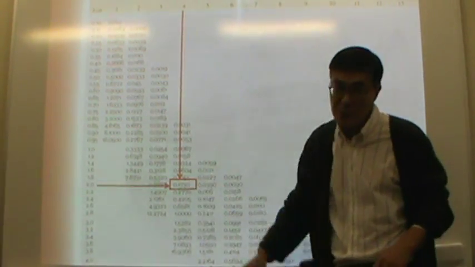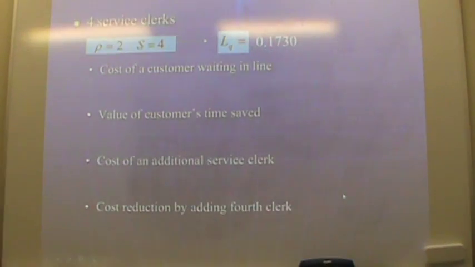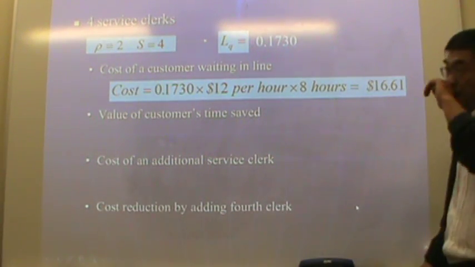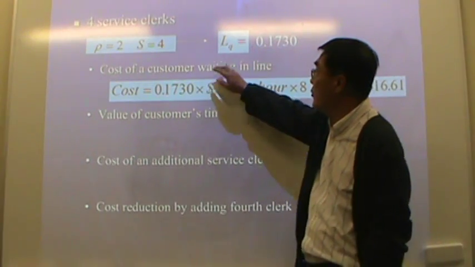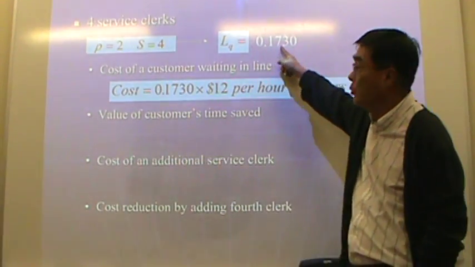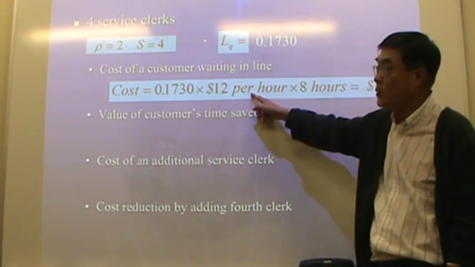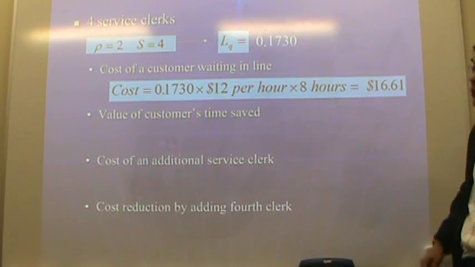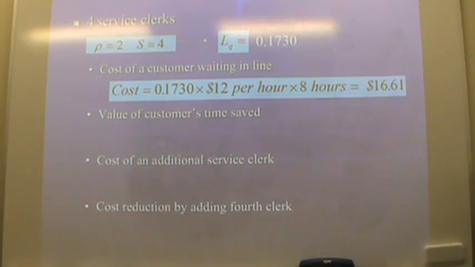Then on average, length of queue is 0.1730. So if we hire one more for 4 workers, then the cost of customers waiting in line is 0.173 LQ times $12 per hour customer cost times 8 hours open equals 16.61.